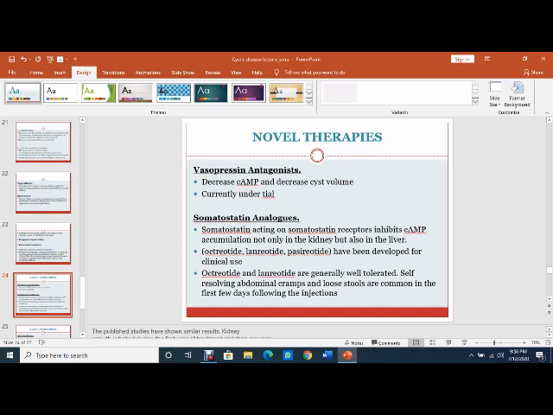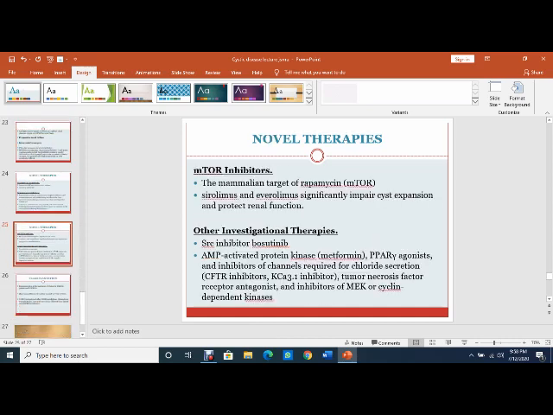These are octreotide, lanreotide, and pasireotide. Octreotide and lanreotide are generally well tolerated, with self-resolving abdominal cramps. Loose stools are common in the first few days following the injections. Regarding the vasopressin antagonists, tolvaptan and conivaptan are the drugs usually used.